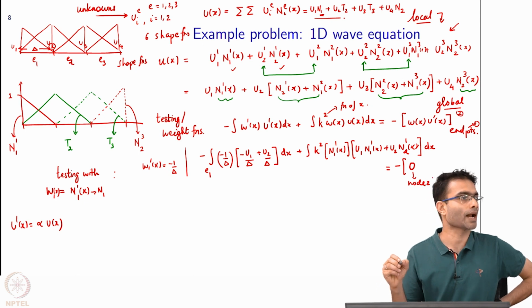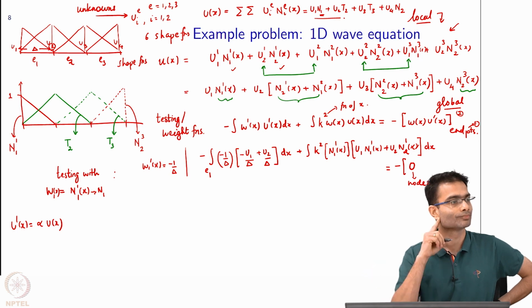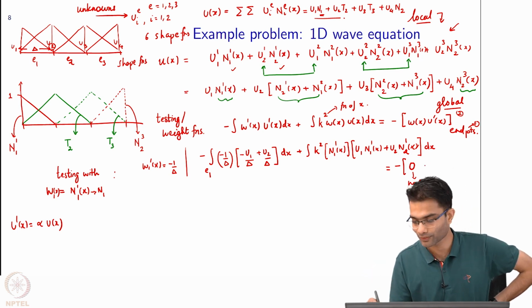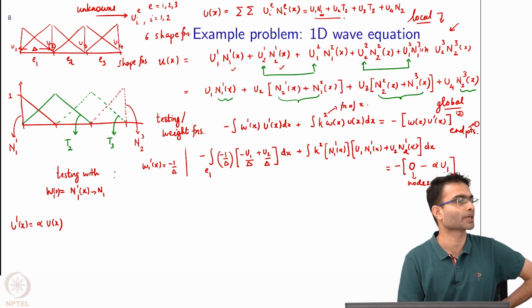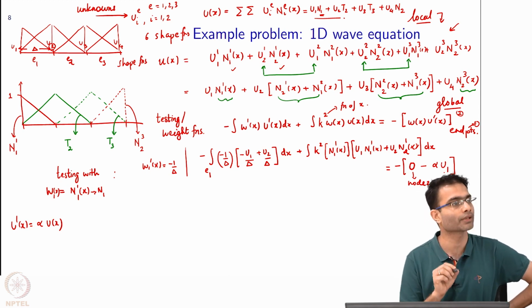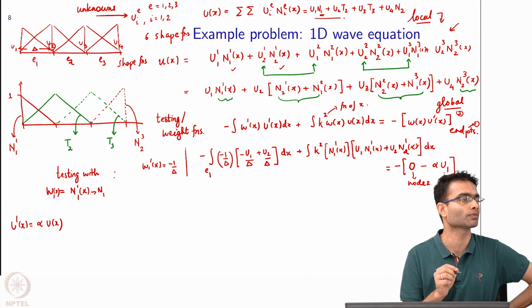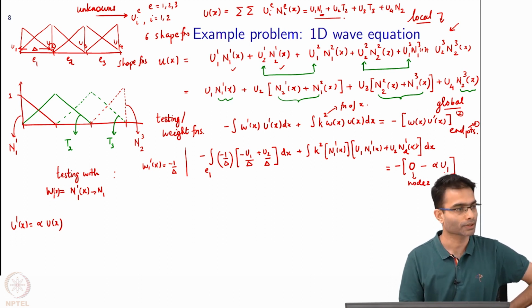What is ux at node 1? Yeah, but what is that? u1, with an alpha, minus alpha u1. I have to substitute here, this is an endpoint substitution. I have to substitute the value of ux at node 1, and by definition the value of ux at node 1 is u1, and there is an alpha that came from the boundary condition, right.